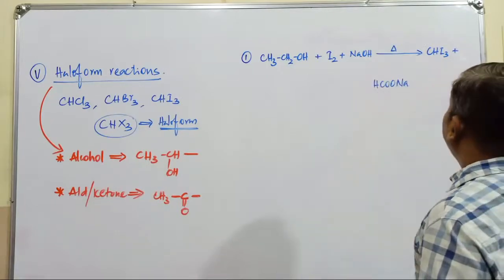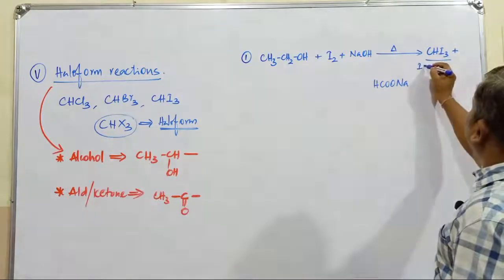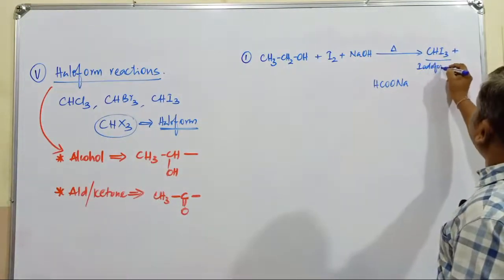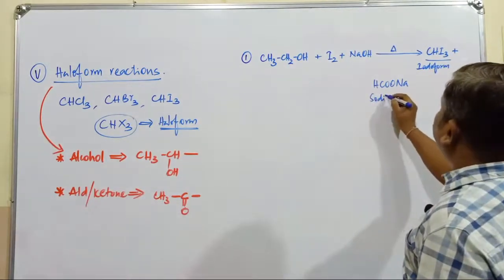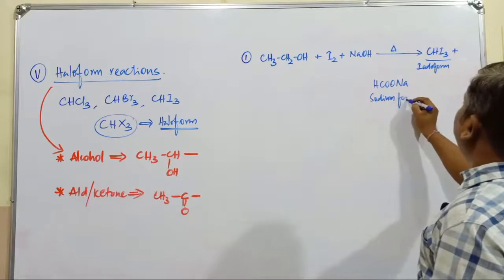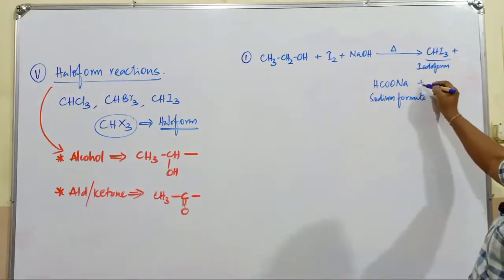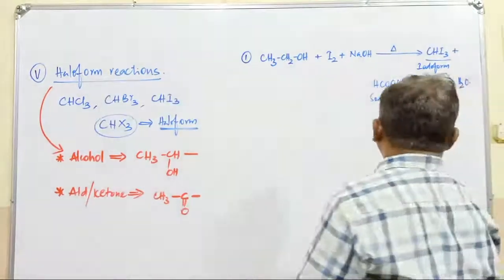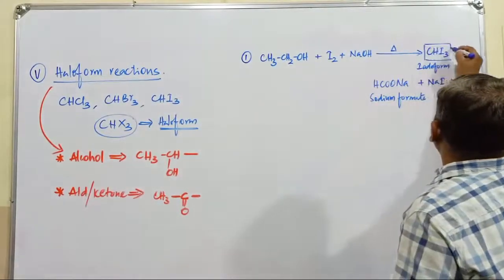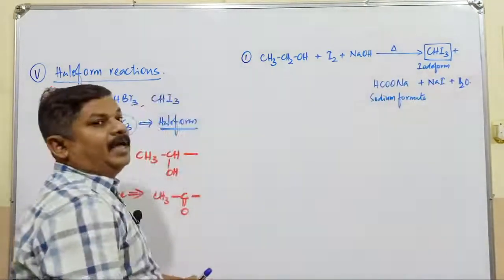What is the name of CHI3? It is an iodoform compound. A precipitate is obtained. This one is called sodium formate, or sodium methanoate, plus NaI plus H2O. The main product obtained in this reaction is CHI3, commonly known as iodoform.